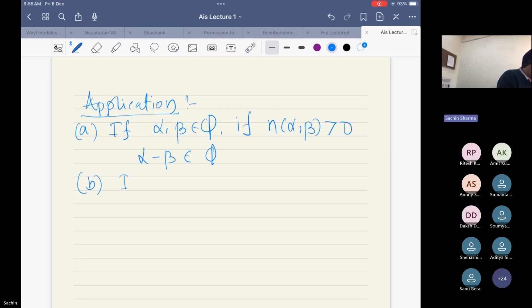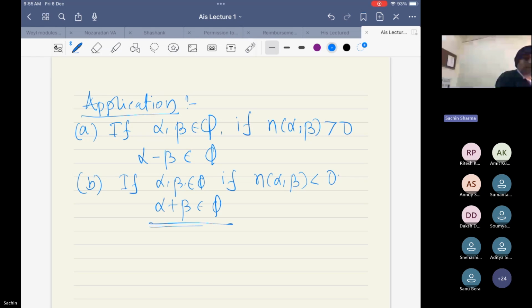B, if alpha, beta belong to phi, and if n(alpha, beta) is less than 0, then alpha plus beta belongs to phi. A very important result. It is always important to know when a combination of roots is actually a root.